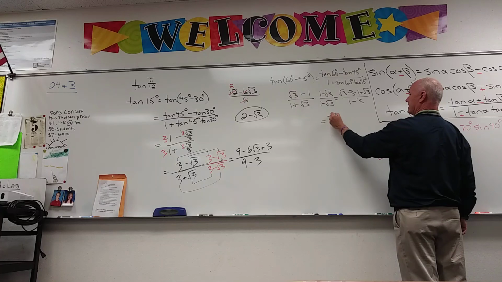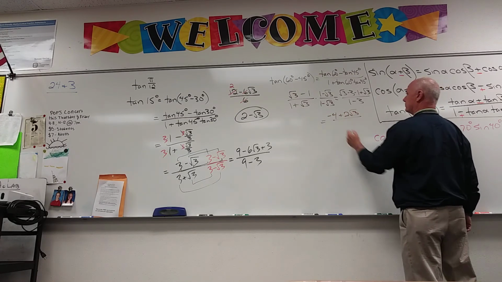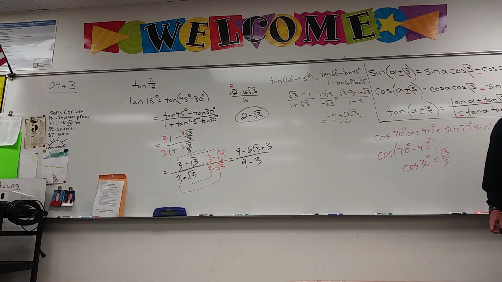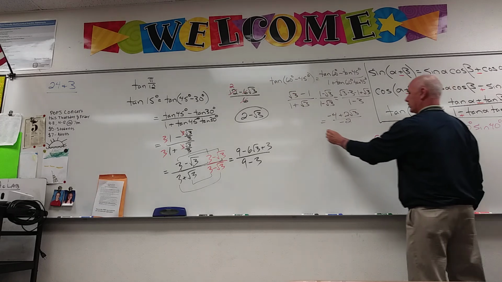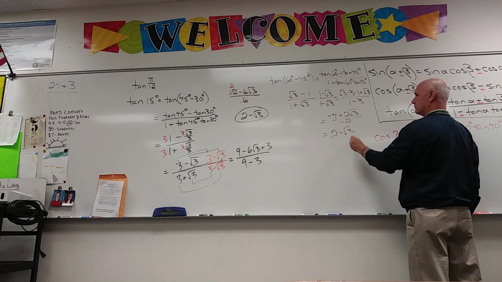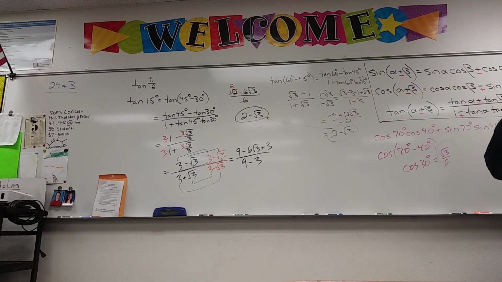So on the top I see negative 4 plus 2 root 3, and on the bottom I see negative 2. Can we cancel the negative 2s? That would give us a positive 2 and a minus root 3, which happens to be exactly what we got there.